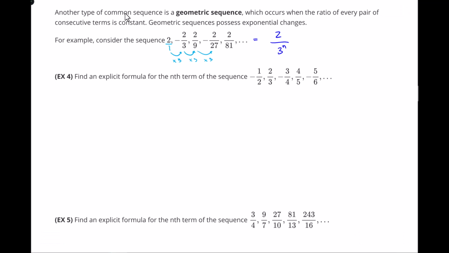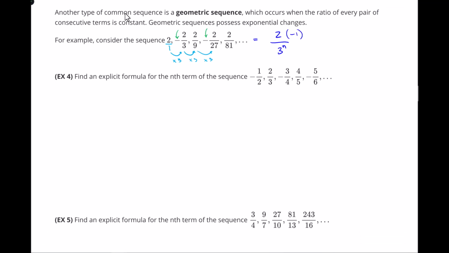And that's not quite all, because some terms are negative and some terms are positive. That can occur with an alternating piece here. For instance, if I multiplied the numerator, or the whole fraction, doesn't really matter, by negative 1, that would make it always negative.